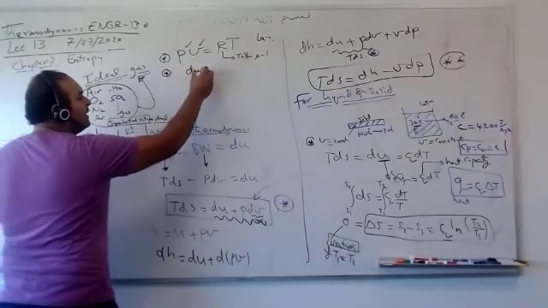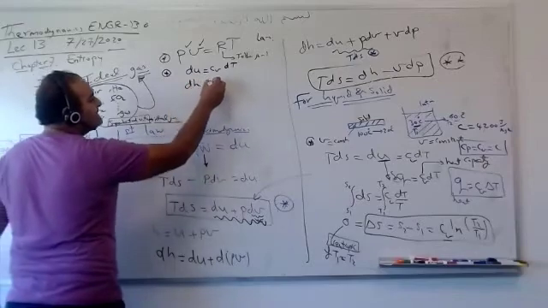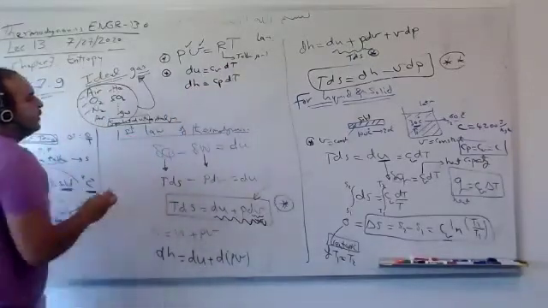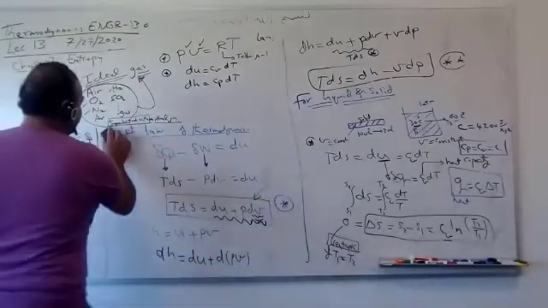delta U equals Cv dT, and delta H equals Cp delta T. These are the equations we used before for ideal gases.